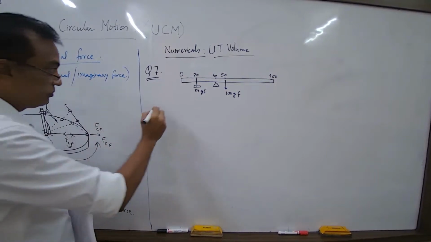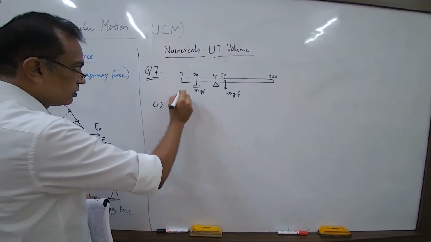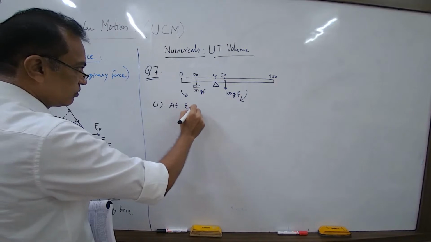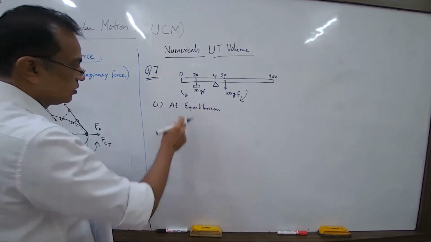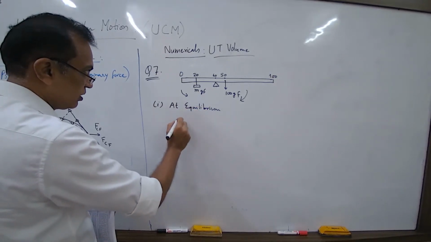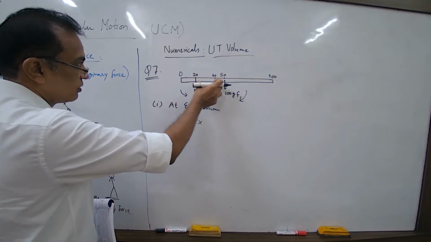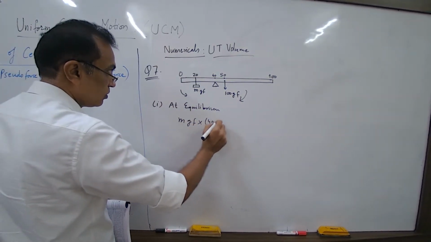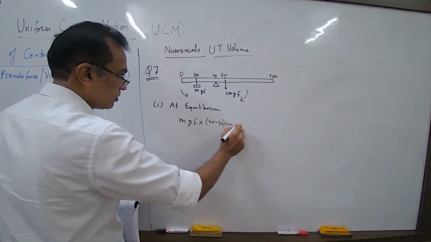So at equilibrium, anti-clockwise moment is equal to clockwise moment. What is the anti-clockwise moment? m gram force. How far away is it from the fulcrum? 40 minus 20, 20 centimeters.